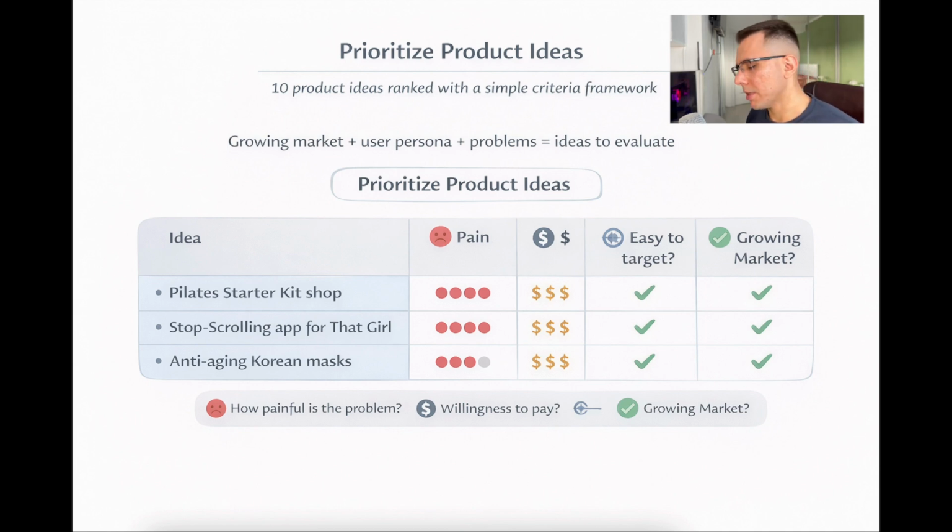The niche applications are growing. So this solution is actually pretty interesting to me. And the anti-aging Korean masks. It's a crowded market, first of all, so the pain is there, but comparing this pain to the other two, I think this one scores a little bit lower. Again, they have the willingness to pay, they're easy to target, and it's a growing beauty market.